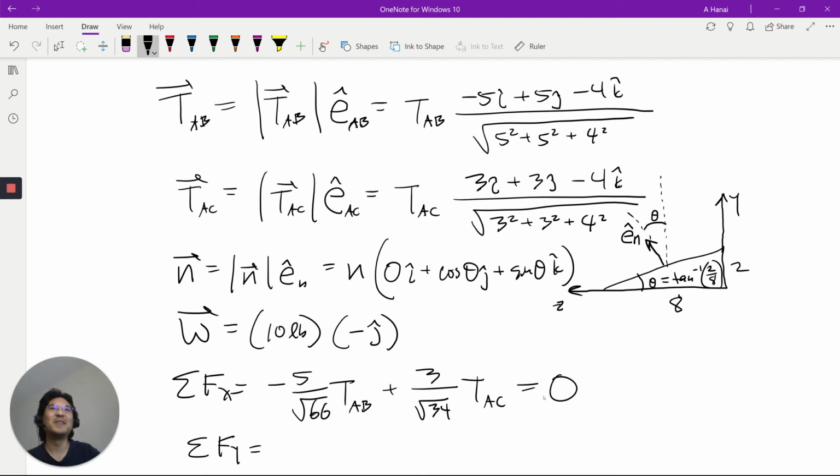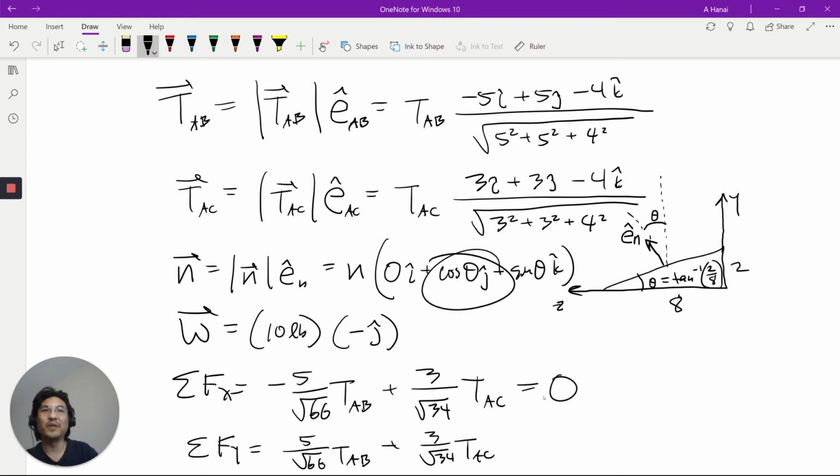I'll just try. Y component is this. The y component of this. Y component of this. And then the y component of this. And then same story, right?